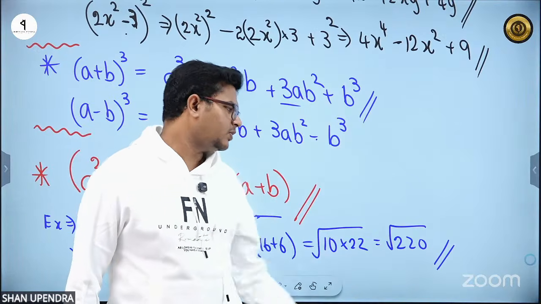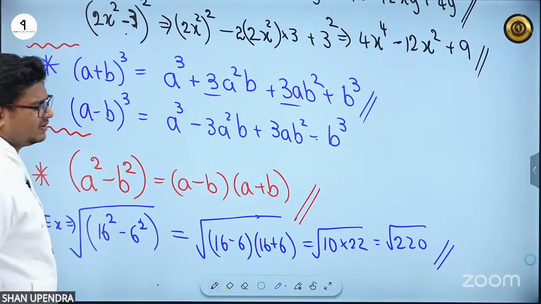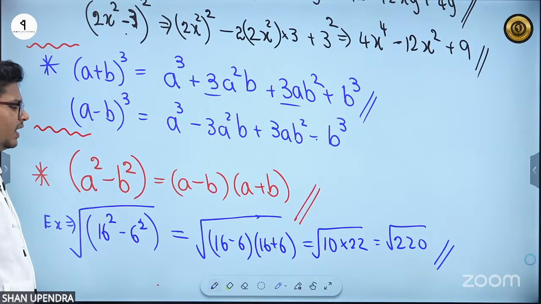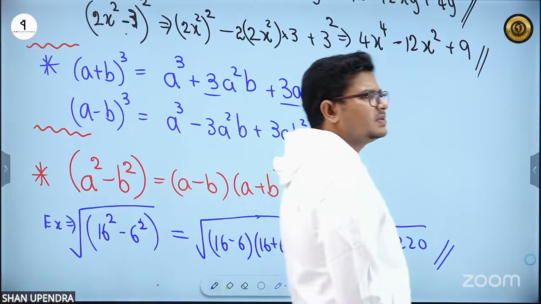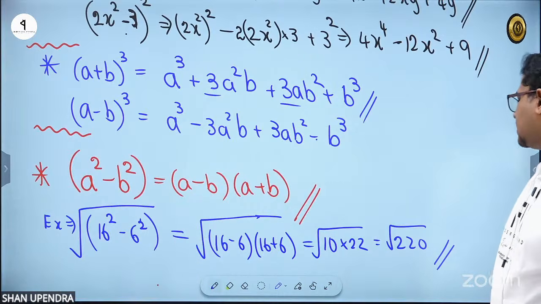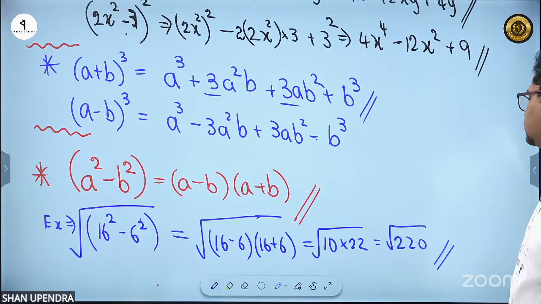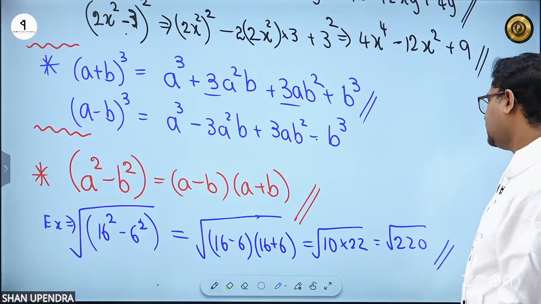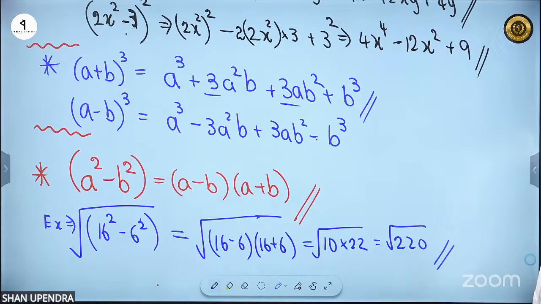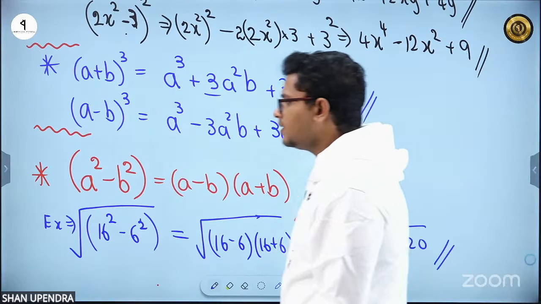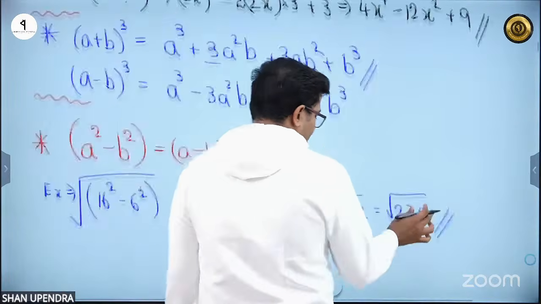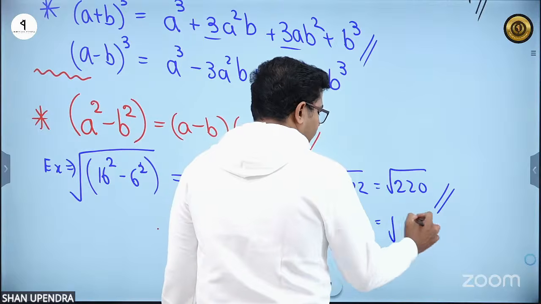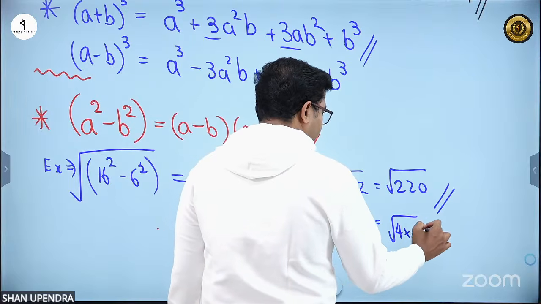We can simplify a bit more. I think we can represent this as 4 into 55. Root 55 you can't find, but we can write it as the square root of 4 into 55.